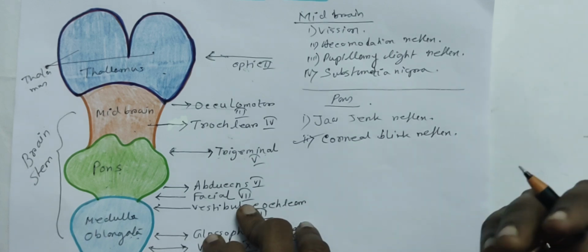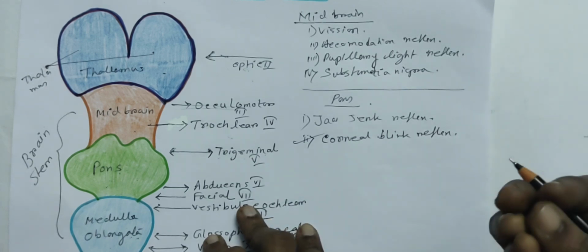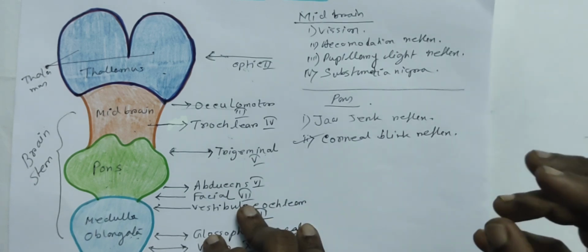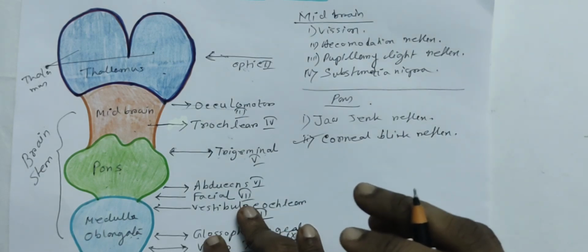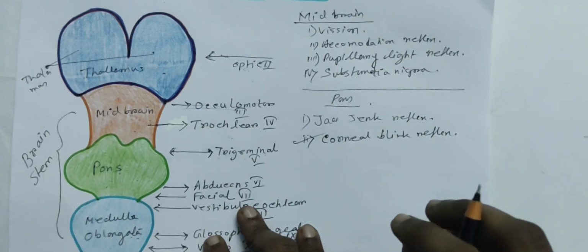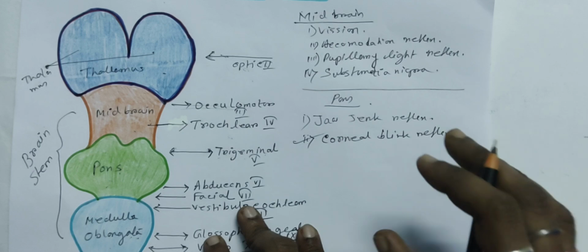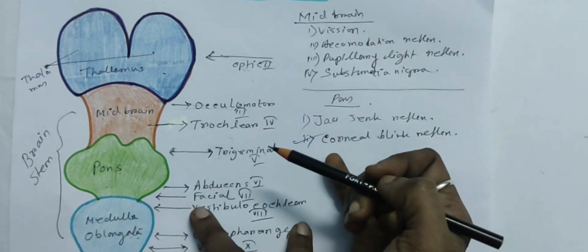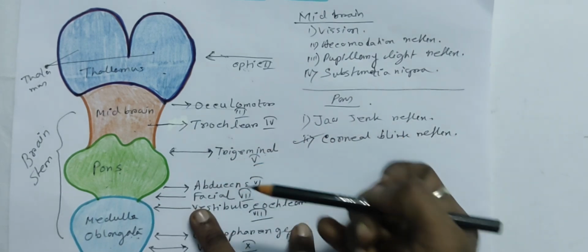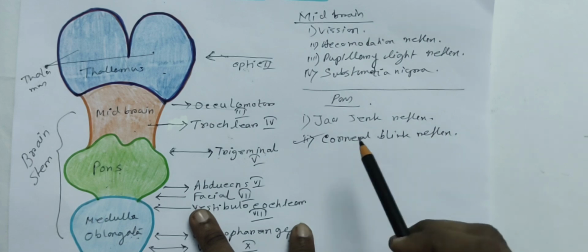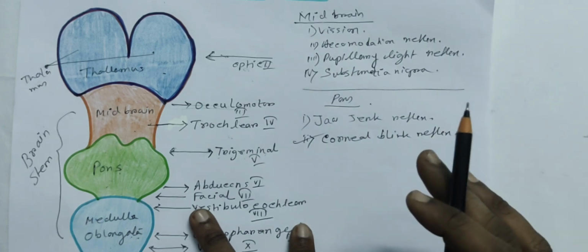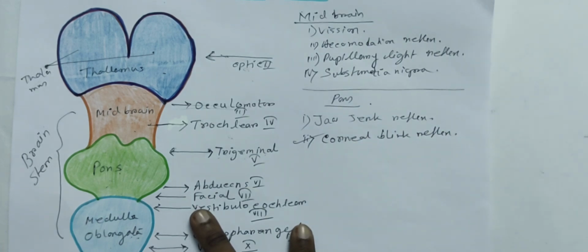When we rub our cornea, the sensory impulse comes by the trigeminal nerve, and the motor signal tells you to blink the eyes. That comes through the facial nerve. So this is the corneal blink reflex.